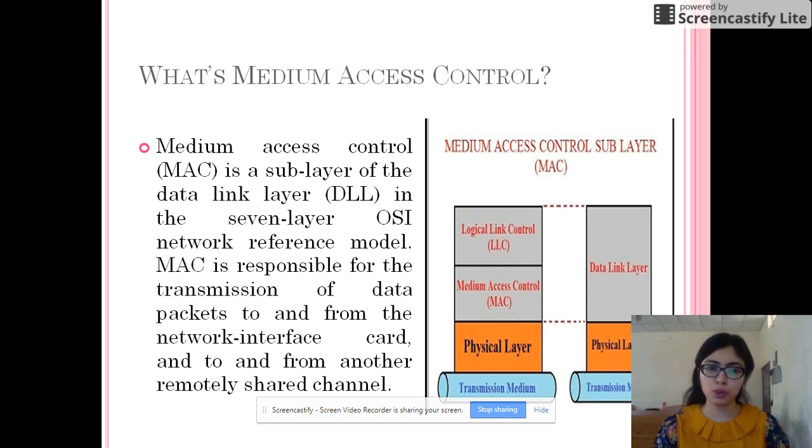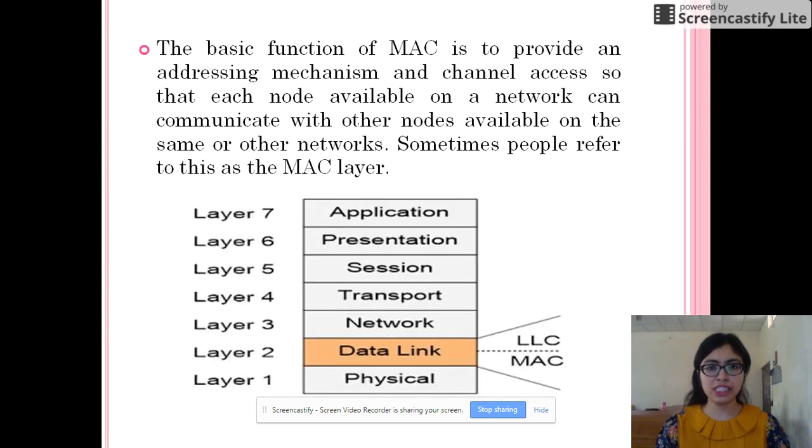Medium access control, or MAC, is a sublayer of the data link layer in the 7-layer OSI network reference model. MAC is responsible for the transmission of data packets to and from the network interface card, and to and from another remotely shared channel.